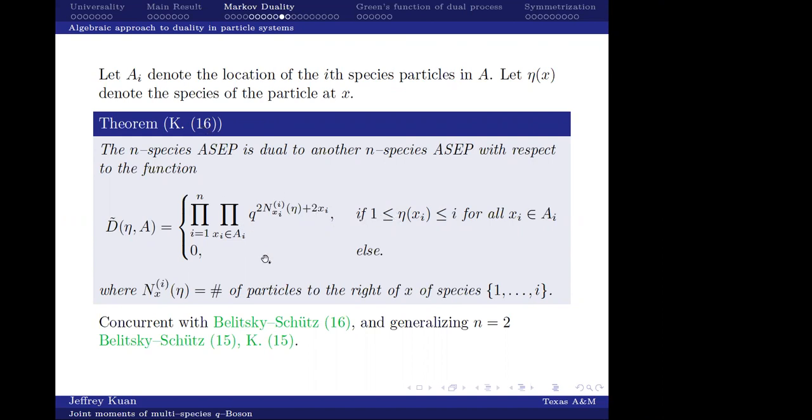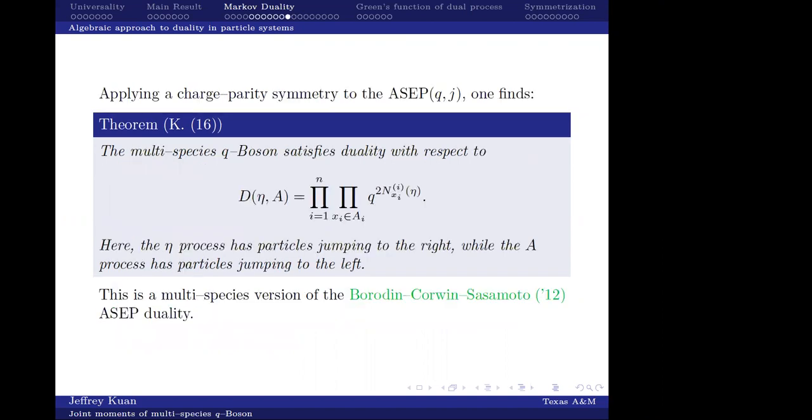Yeah, so this result came out about a month before Blitzky and Schutz proved, I guess, the same result and did some applications. And then the same thing happened a year before for n equals 2. So I guess it was time for people to work on this problem back in 2015.